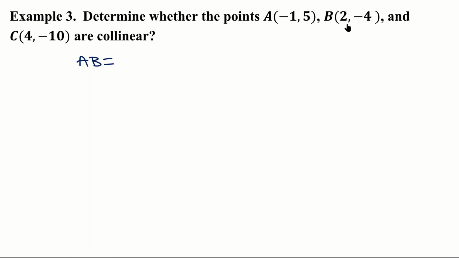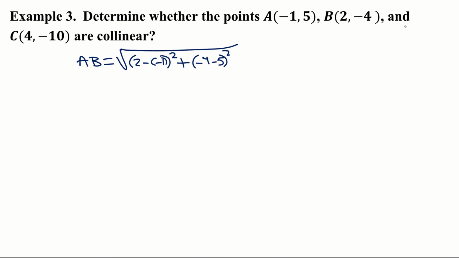That's these 2 points. So we know that we have the square root of 2 minus -1 squared. That's x2 minus x1 squared. Plus y2 minus y1 squared. So -4 minus 5 squared.